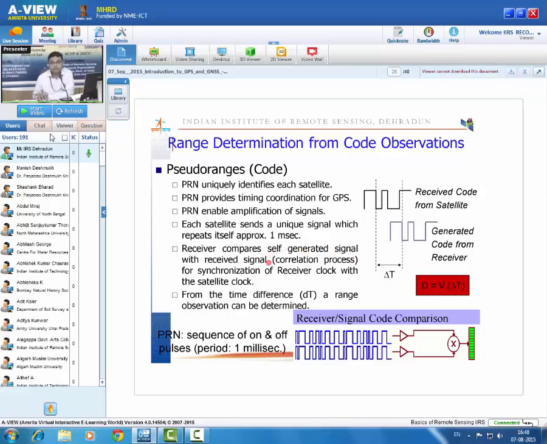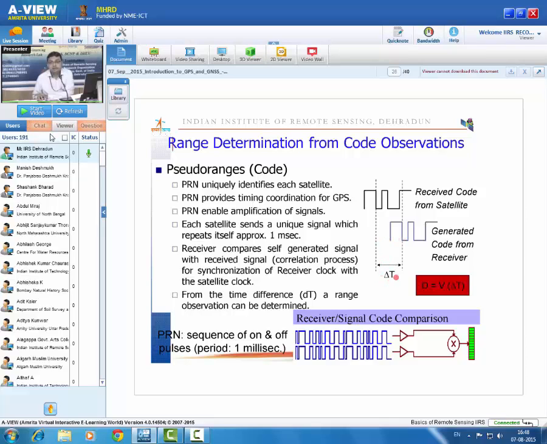So because of that, we run a correlation process in which we find out how much we need to shift the receiver code with respect to the satellite code so that they are in sync.